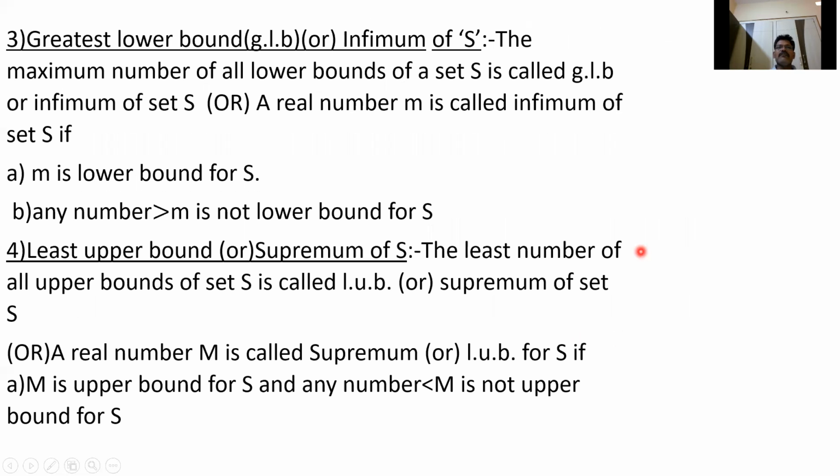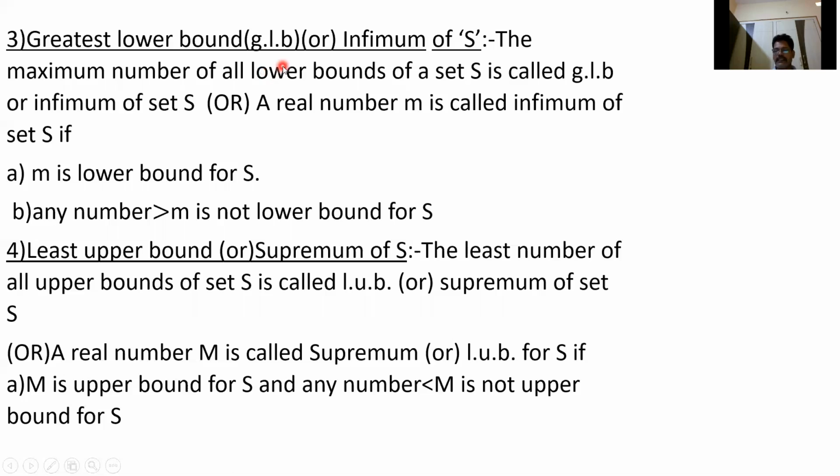What is the meaning of infimum of S? This is called the greatest lower bound. Once a set has a lower bound, it has many lower bounds, and among all of them the greatest number is called the greatest lower bound. We can simply write GLB.